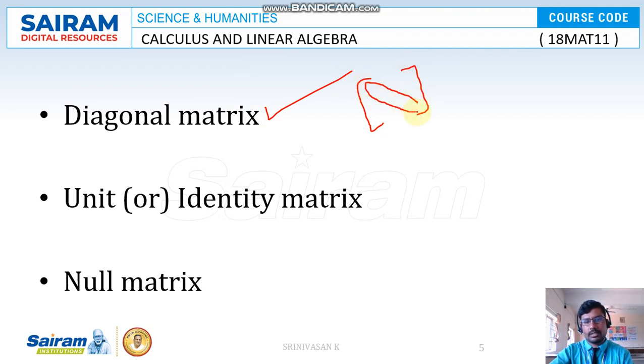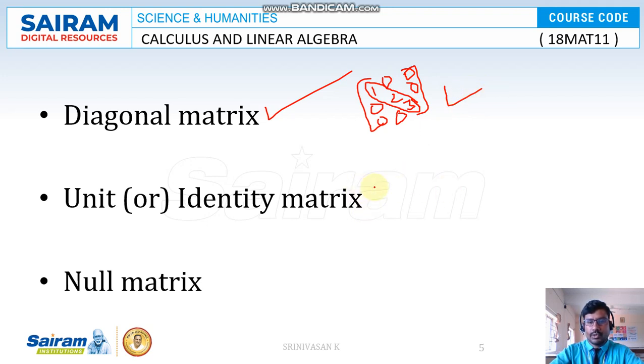The elements are only on the diagonal, 1, 2, 3, and the remaining are 0. So this is called a diagonal matrix. Mostly we use the upper triangular matrix, lower triangular matrix, and diagonal matrix in solving problems.